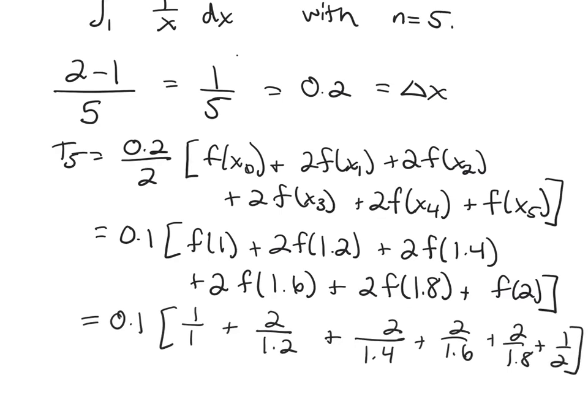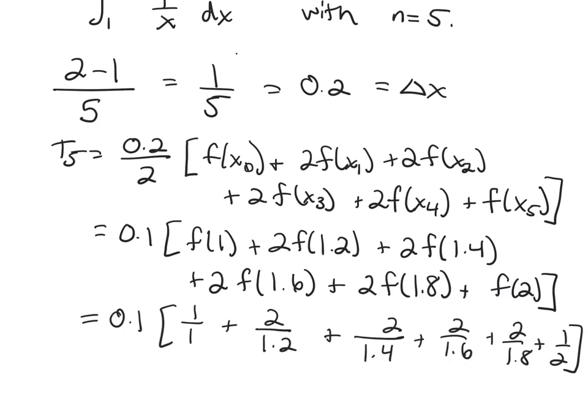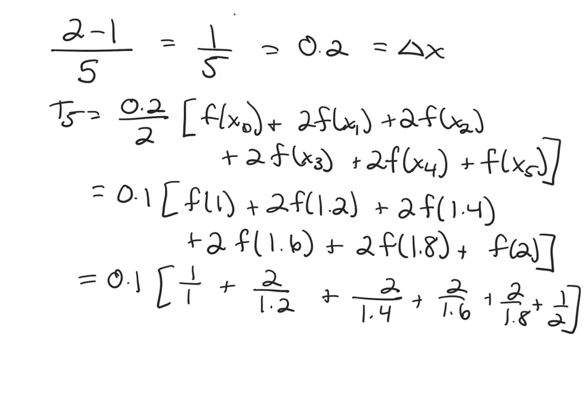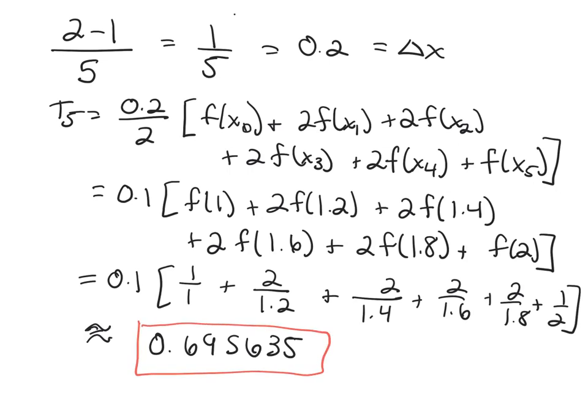You add this all up and use a calculator to multiply, and you're going to approximately have 0.695635. Okay. Again, it's approximating the original integral we wanted to compute, the definite integral from 1 to 2 of 1 over x.